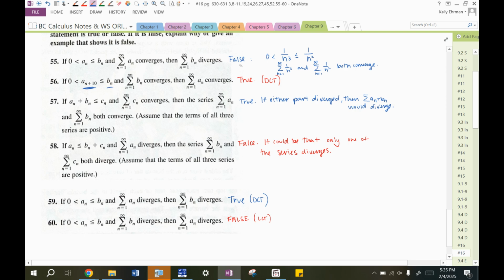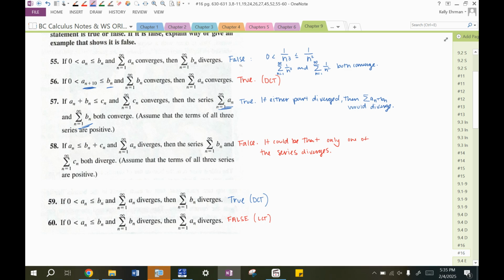All right, for 57, if A plus B, those terms are less than C, and if C converges, then the series for A and B both converge. Assume that all three series have positive terms. That has to be true because if either A or B diverged, then the sum of them would have to diverge. If one piece diverges, then A plus B would have to diverge.